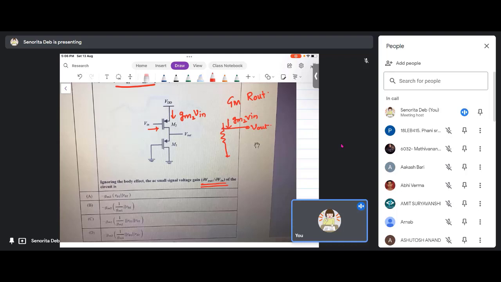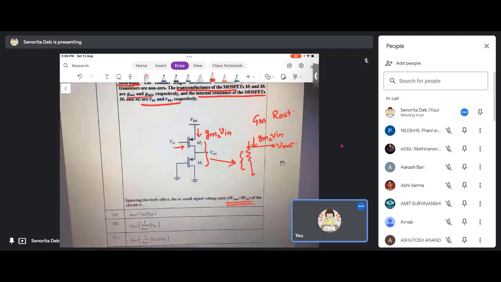This resistance is nothing but the combined internal resistance of these two MOSFETs. Now what is the resistance? If you draw the small signal model, looking from this output node, up is R up and down is R down.